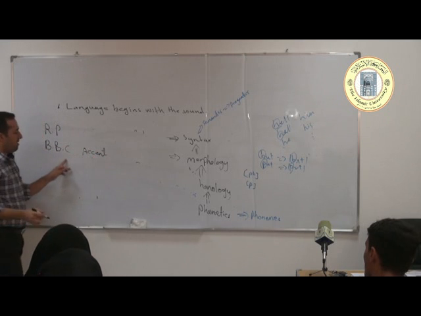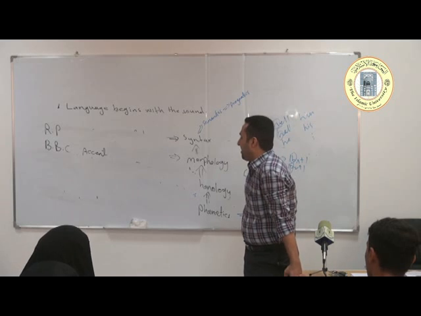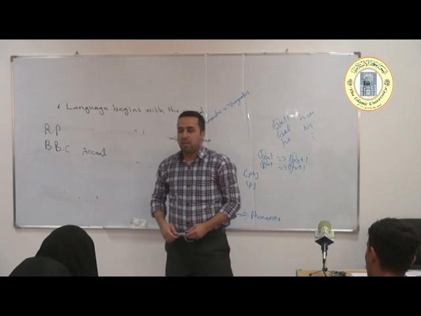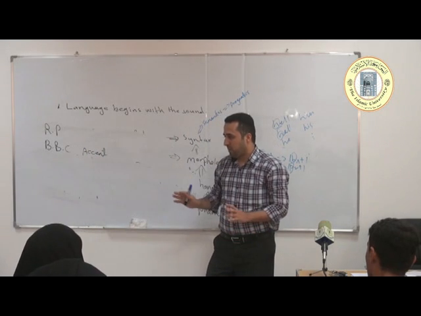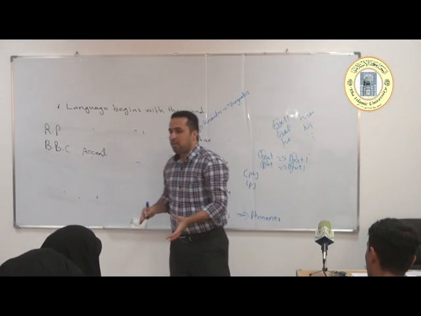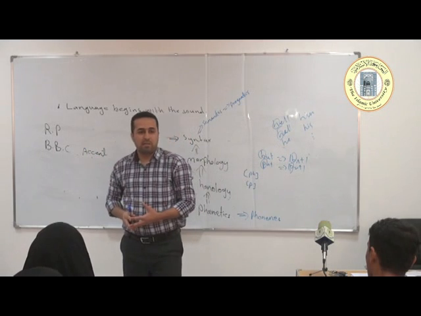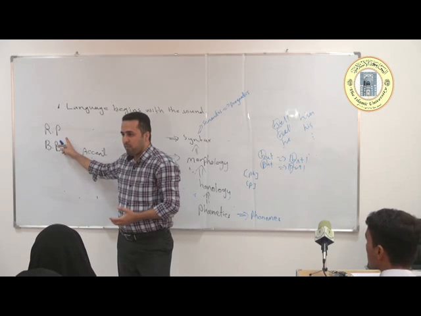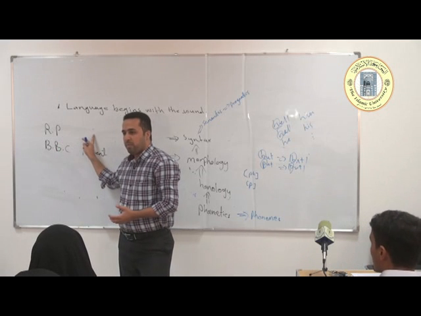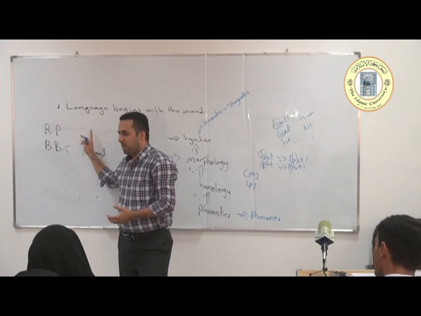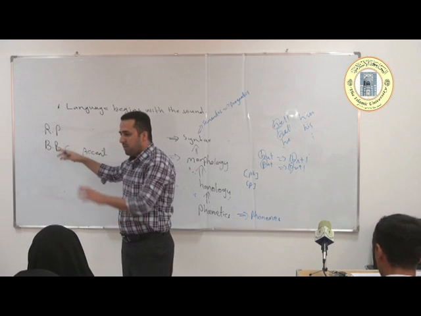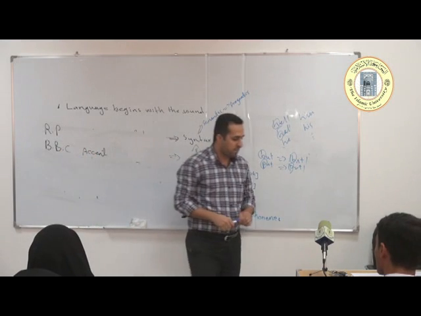This is the RP, this is our choice in this course. We are dealing with the RP. So if I ask you a question, what is the accent we are dealing with in this course? This is the RP, which is used by educated English speakers in Southeast England, and we also call it the BBC accent.